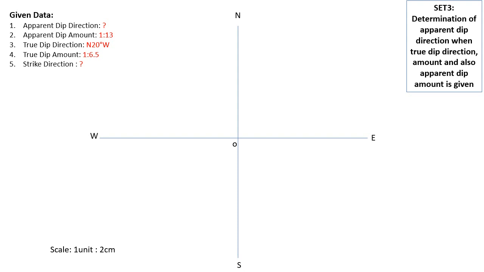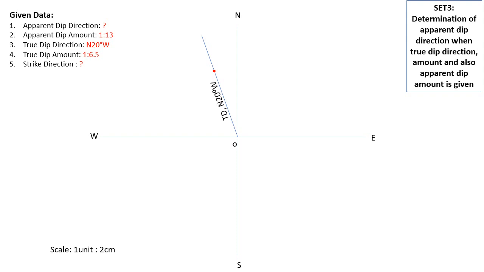First we mark the true dip direction, which is given as north 20° west. So from north towards west 20°, that is 0, 10, 20. Then what is the amount given on that line? 1 is to 6.5, but we are going to reduce the scale.